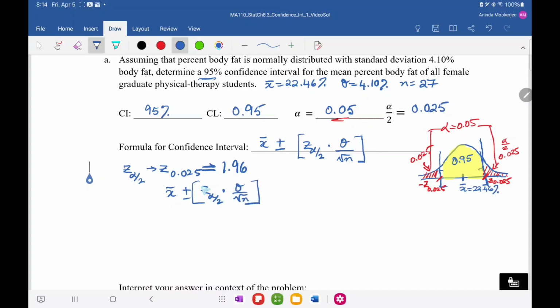X bar is 22.46, plus minus Z of alpha by 2 is 1.96. Now plug in the value for sigma, which is 4.10. Again, this is multiplication. 4.10 divided by square root of 27.